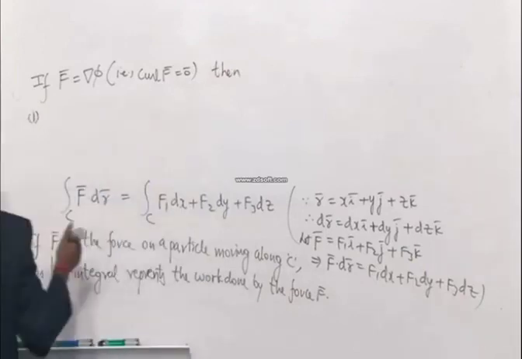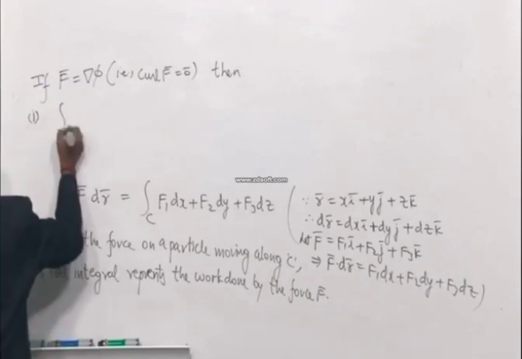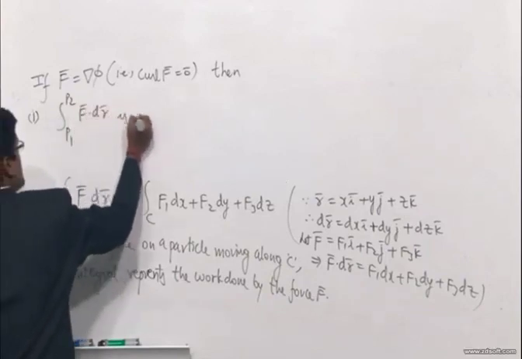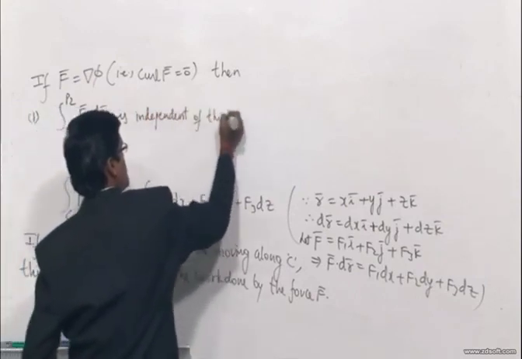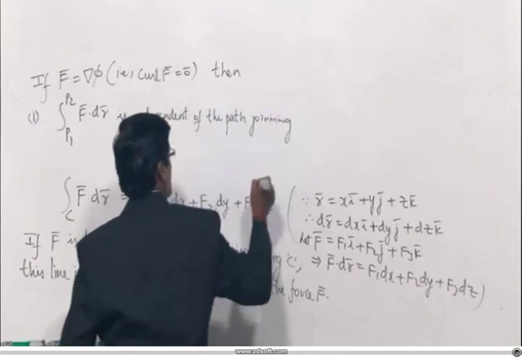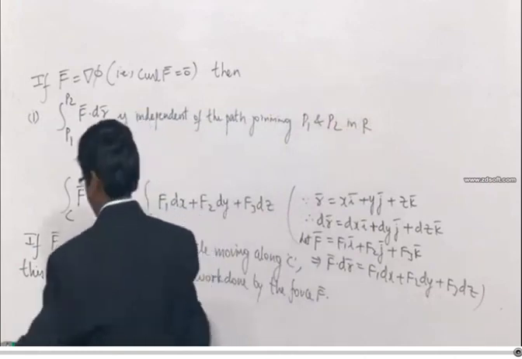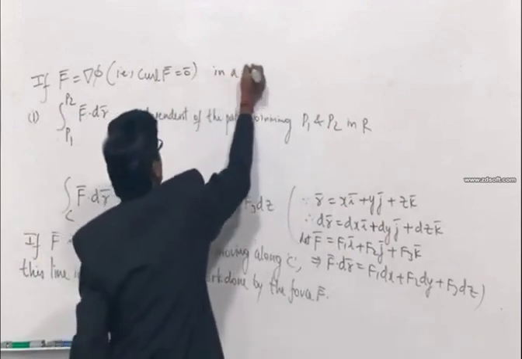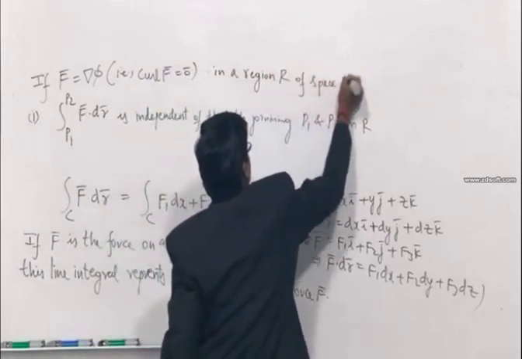Then, one, the integral from P1 to P2 of f bar dot dr bar is independent of the path joining P1 and P2 in R, or you can write, in a region R of space.